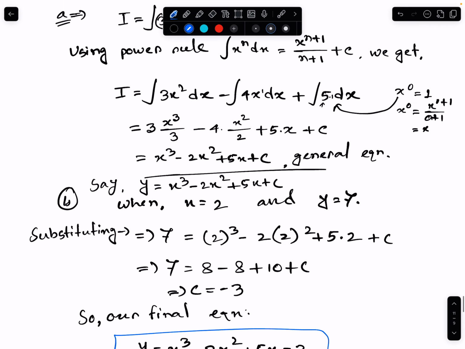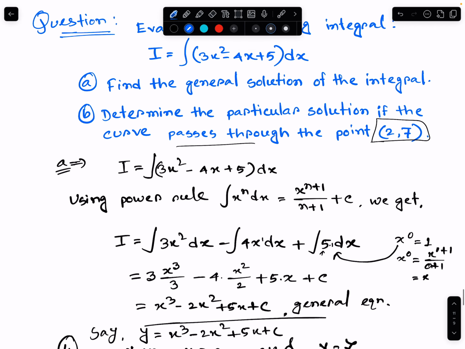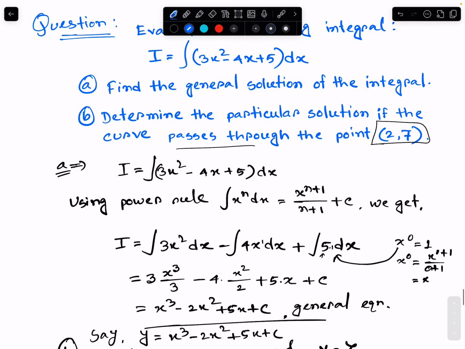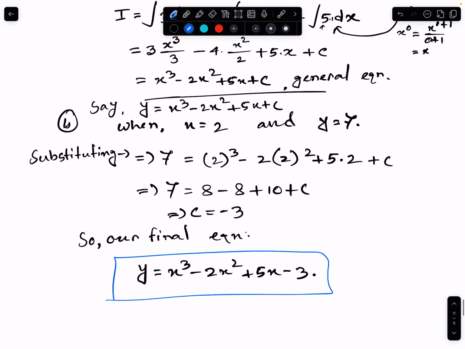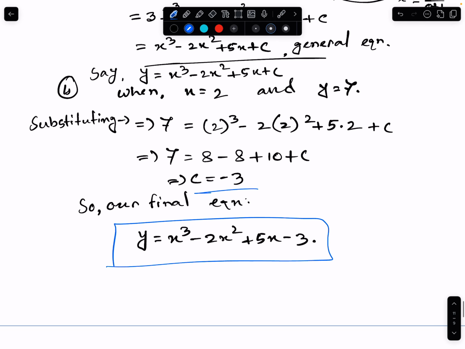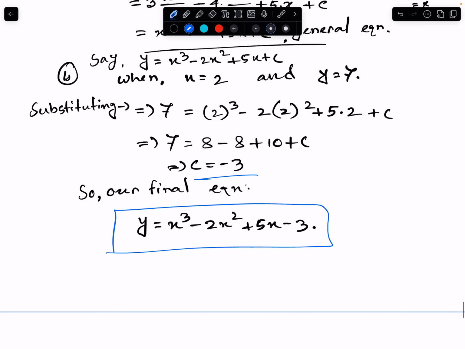Our question was to determine the particular solution if the curve passes through the point 2 and 7. The particular solution is c equal to minus 3, and we can write our final equation by substituting the value of c. Here it is, and we are done.